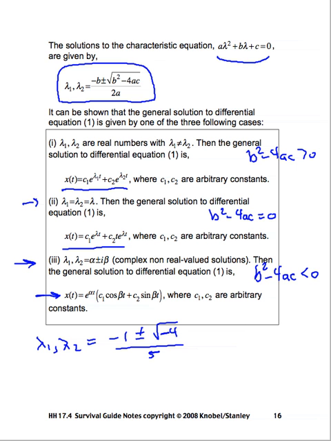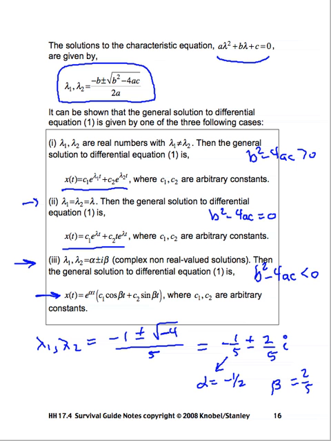So if I just simplify this, this would be negative 1/5 plus or minus, now the square root of negative 4 is 2i, so plus or minus 2/5 i. So the thing that we're calling alpha would be negative 1/5. And the thing that we're calling beta is the positive real number multiple of i. So beta would be 2/5.